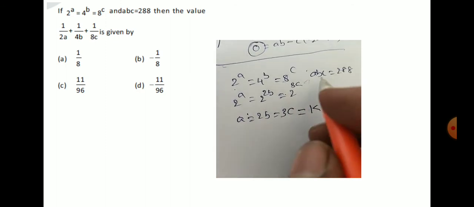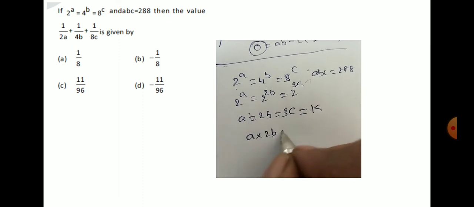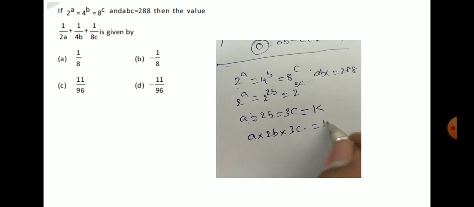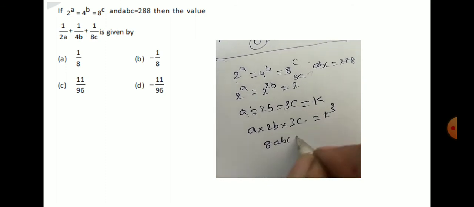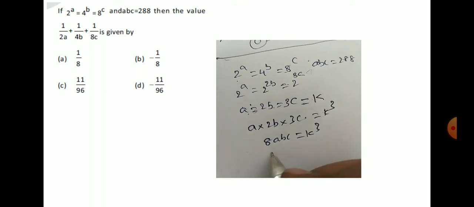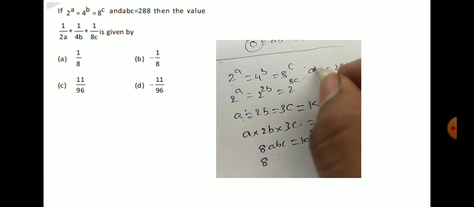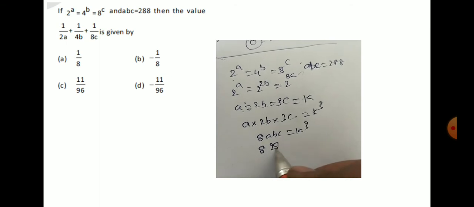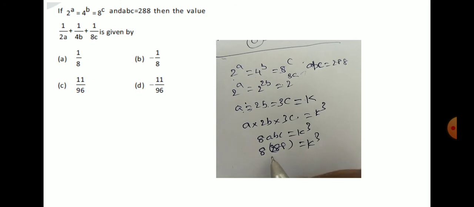Since they have given a into b into c, I just multiply it. a into 2b into 3c, that means everything is k into k into k, which is k cube, right? That is 8abc is equal to k cube. We know the value of a into b into c, that is 288, so 8 into 288 is equal to k cube.